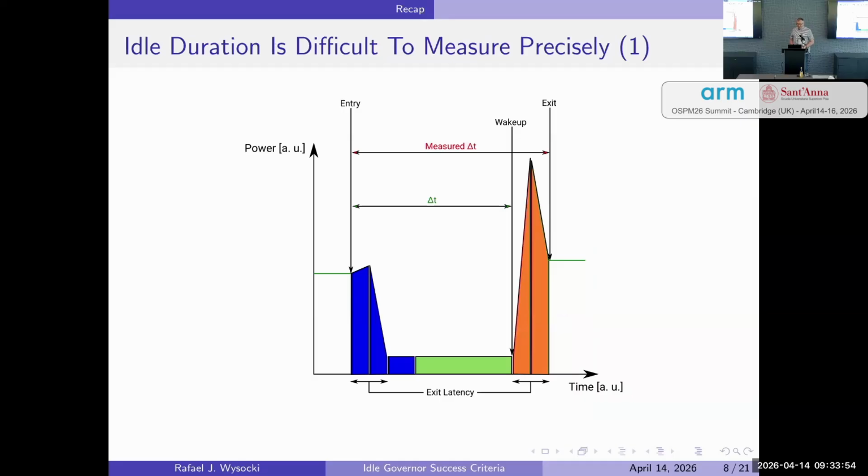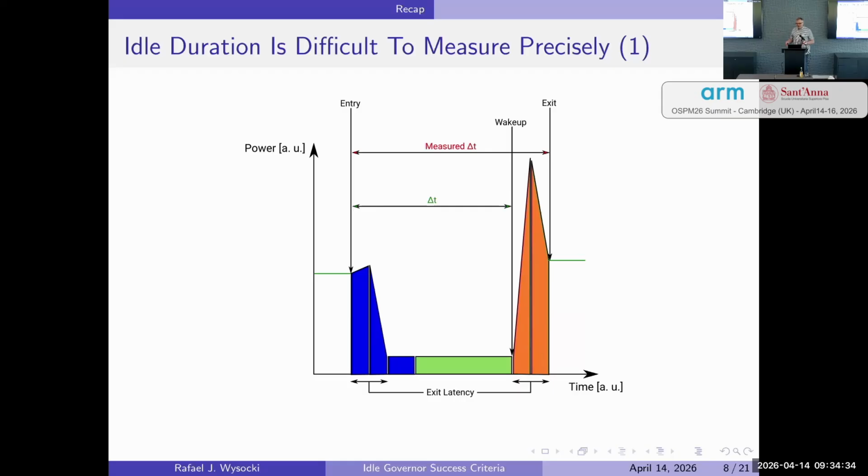Now there is another problem related to the exit latency. In order to select a suitable idle state, the governor needs to measure the duration of the idle period every time after exiting the idle state, because then it can build up some statistics and use those statistics to carry out the selection next time.